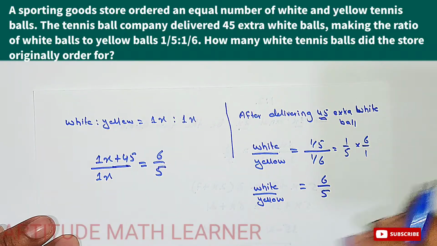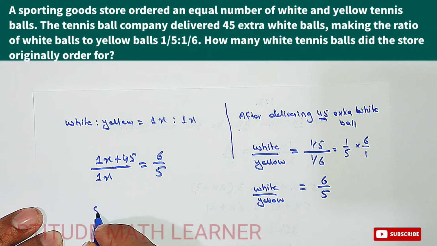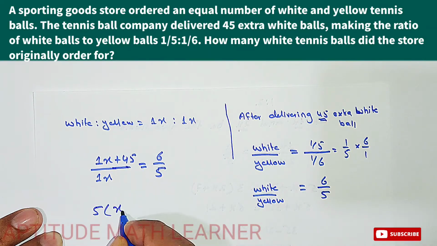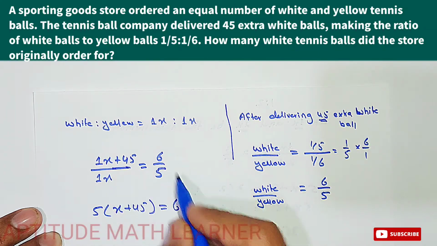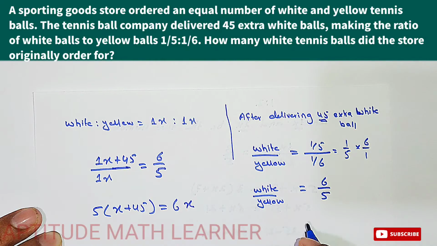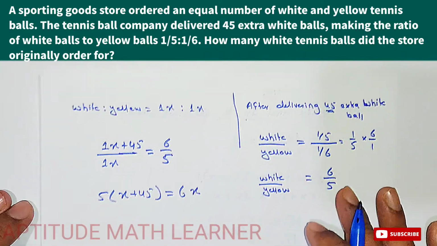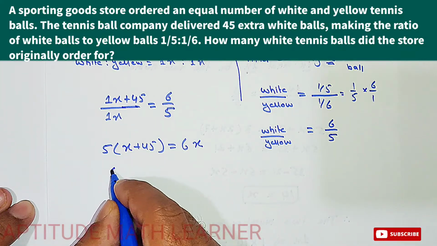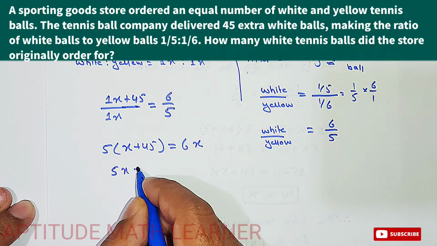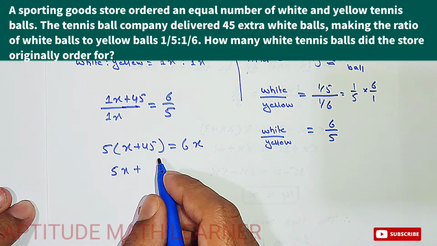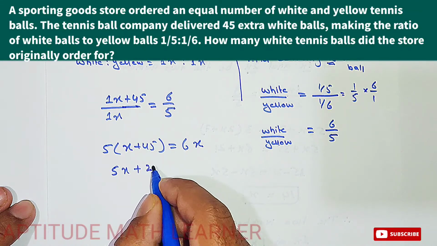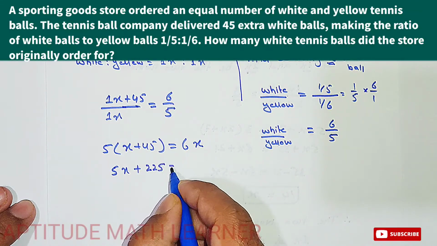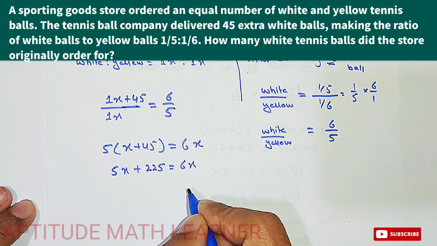So we cross multiply, and this becomes 5 times (x plus 45) is equal to 6x. Further solving, this becomes 5x plus 5 multiplied by 45, we get 225, is equal to 6x.